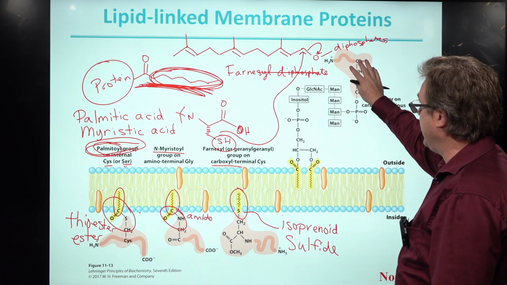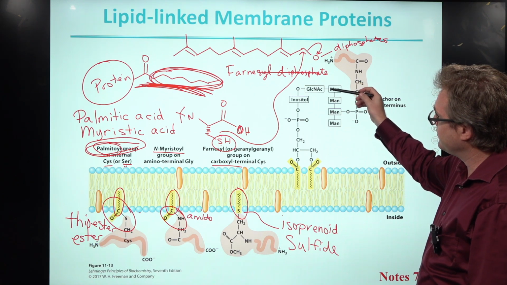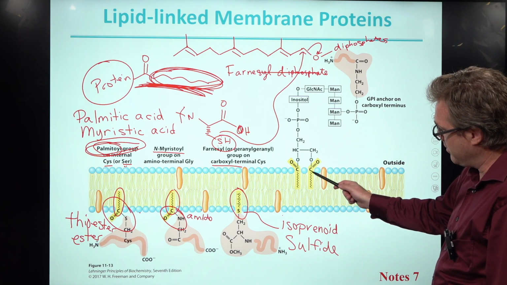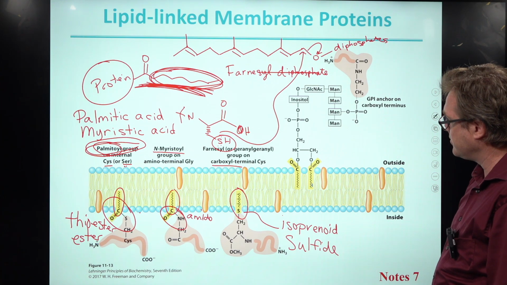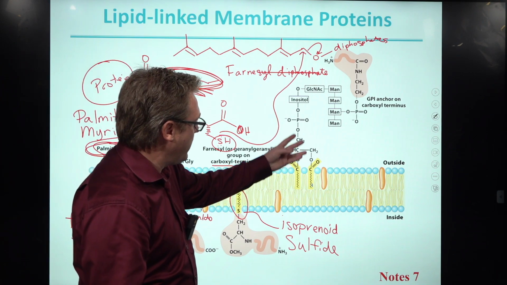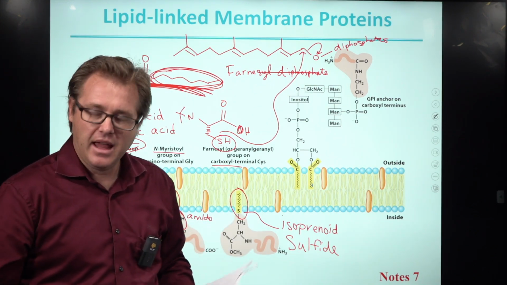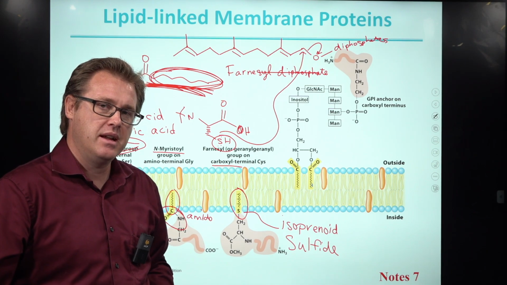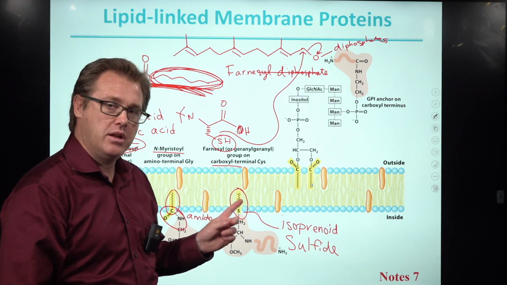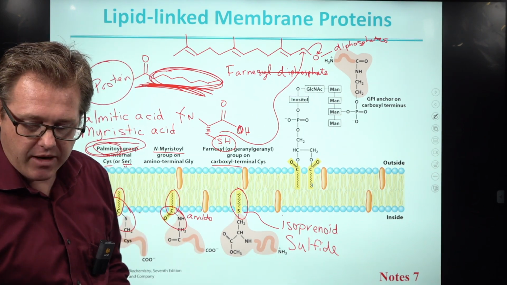Here, we have the protein of interest, and now you have all these sugars and some fatty acids within the membrane. When you look at this whole molecule, I want you to look very carefully. Can you find the glycerol in that molecule? Pause the video and tell yourself where the glycerol is in this setup.